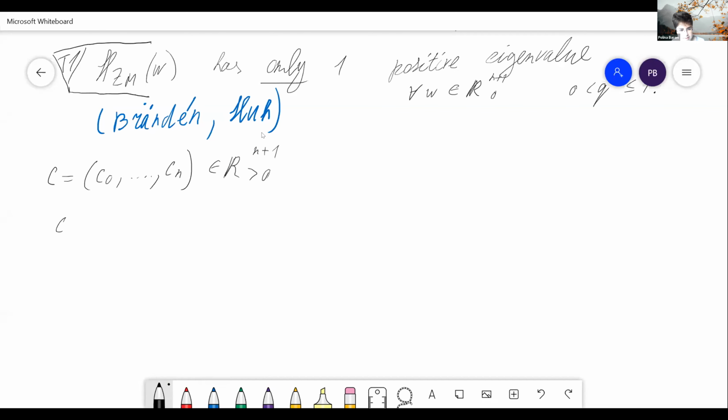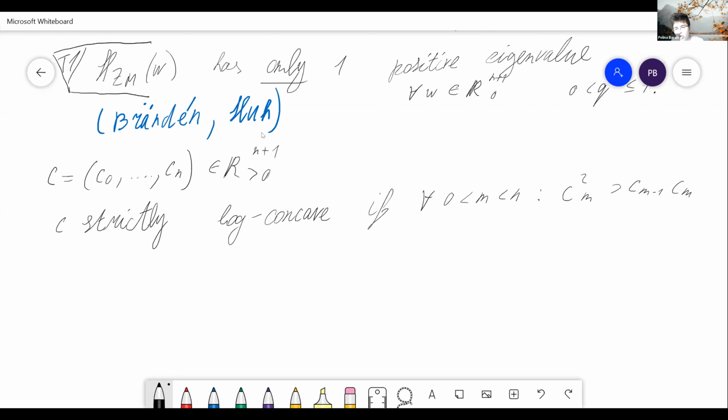So we say that c is strictly log-concave if for any m from 1 to n-1, the following holds. One may note the strong resemblance to what we've seen when we discussed the initial formula we now are trying to prove in a very convoluted way.